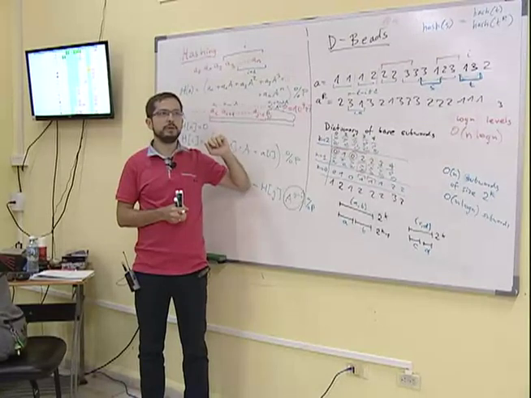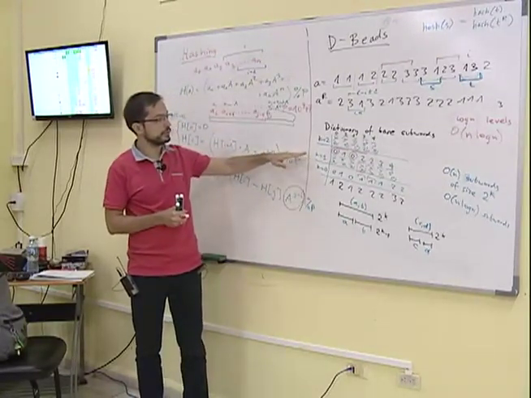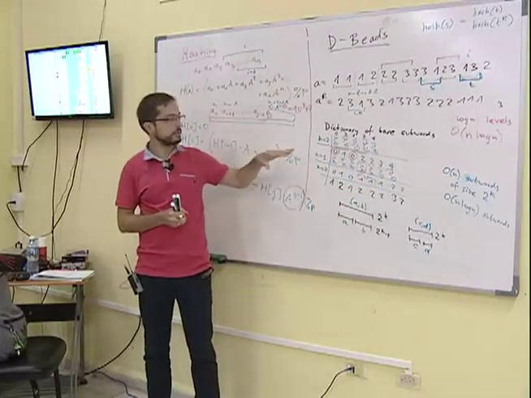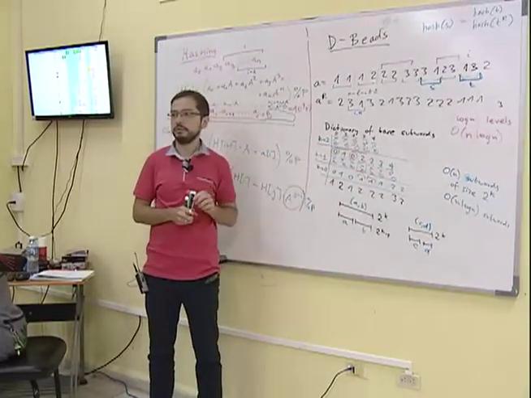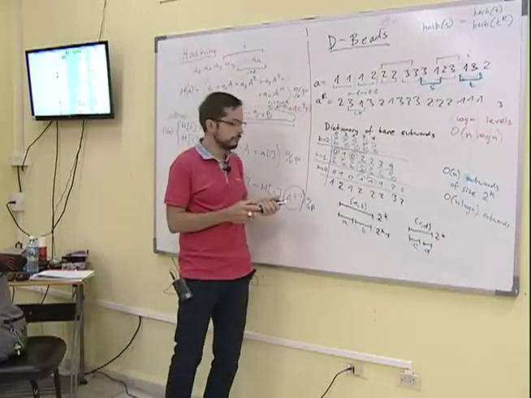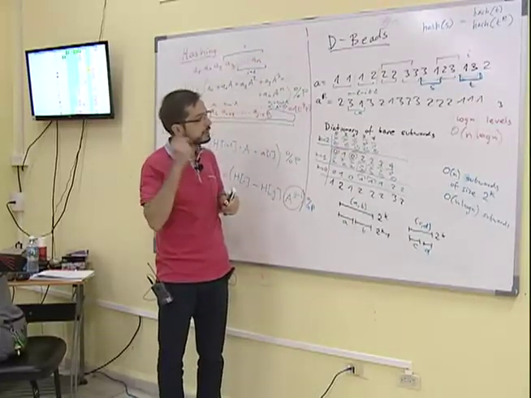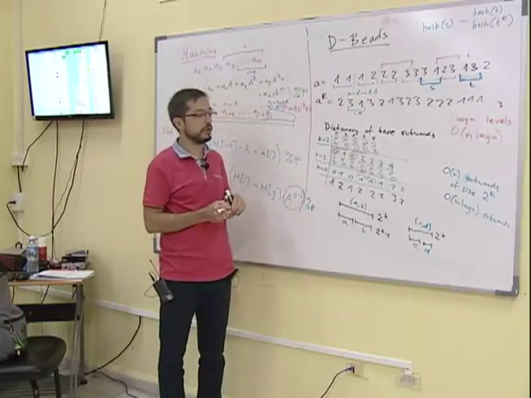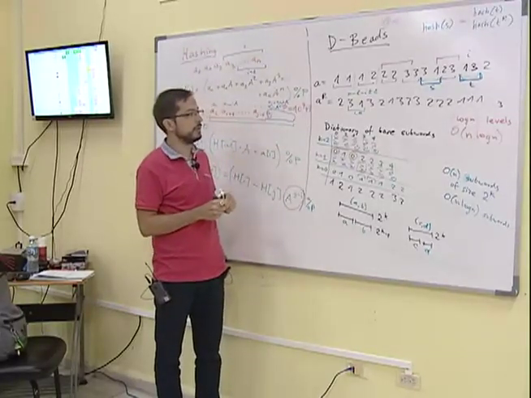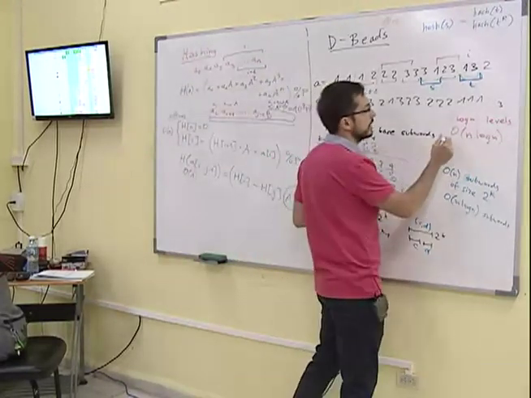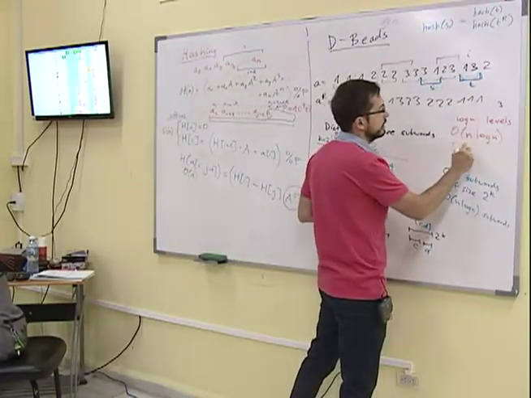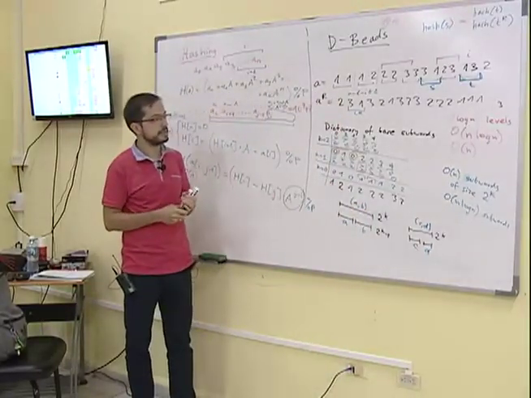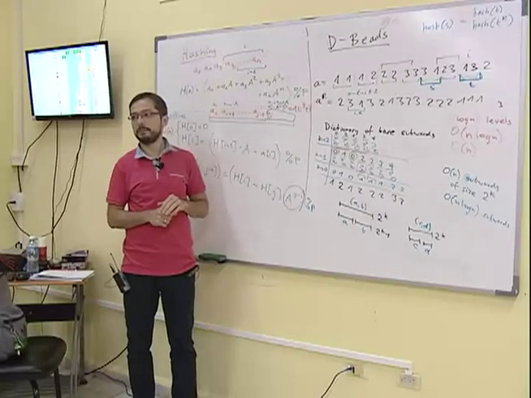We need to sort them according to the second coordinate, and then stable sort them according to the first coordinate. So either we do just normal sort and get n log squared, or we do counting sort twice, and then we get linear complexity for one phase, and the overall will be n log n.